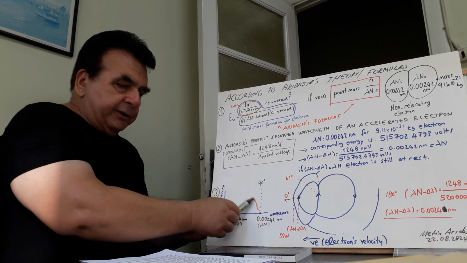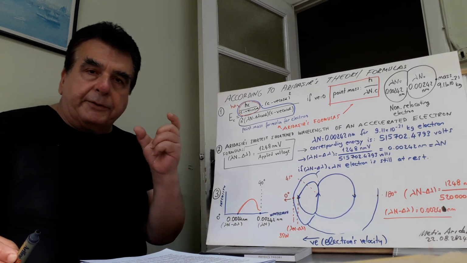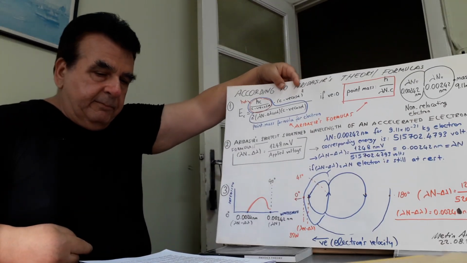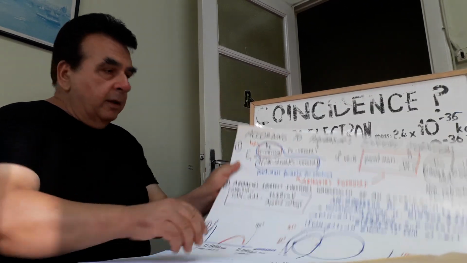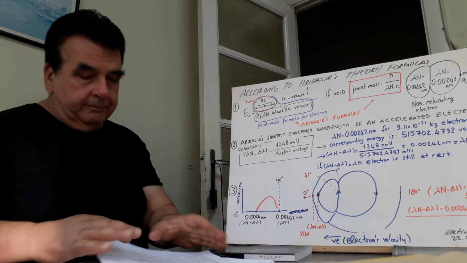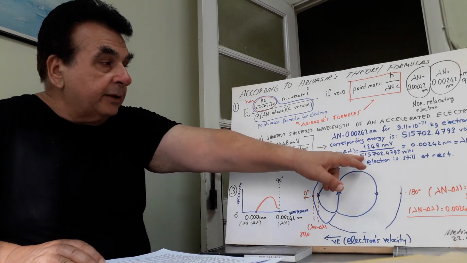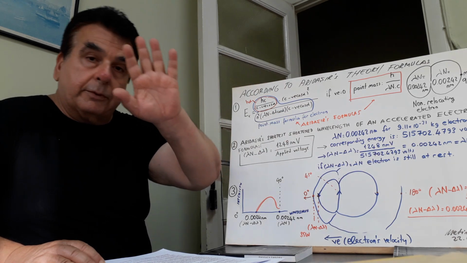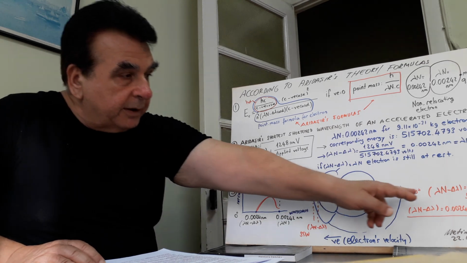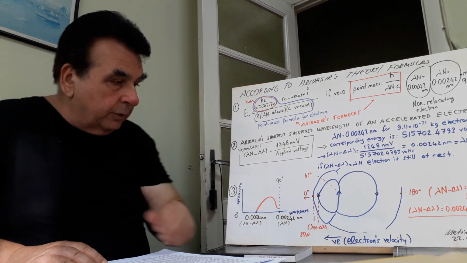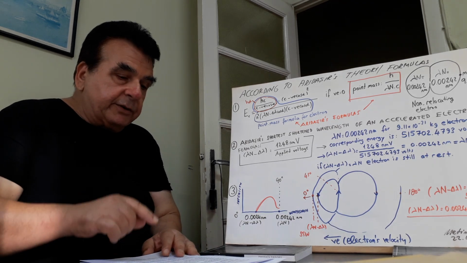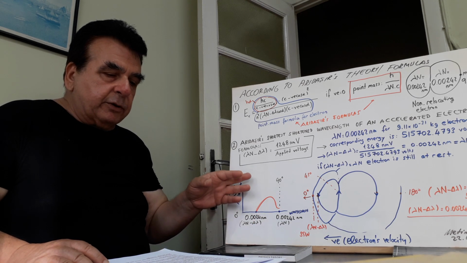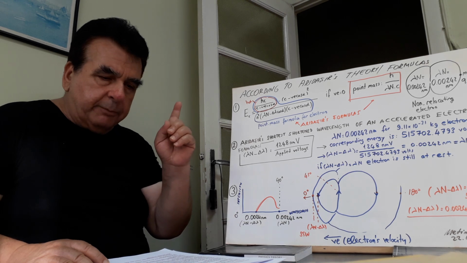Thus the continuous spectrum, the continuous spectral band of this electron, is revealed when we apply a voltage greater than 515,702.4 volts. So important, please listen to me.